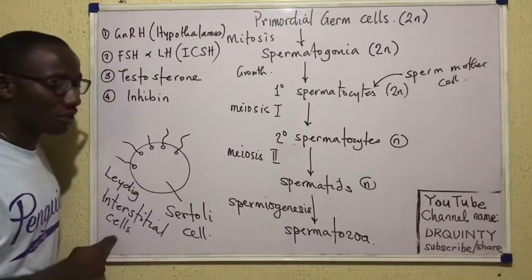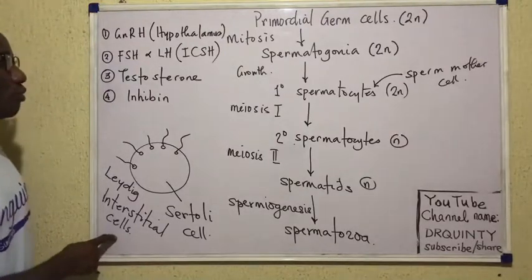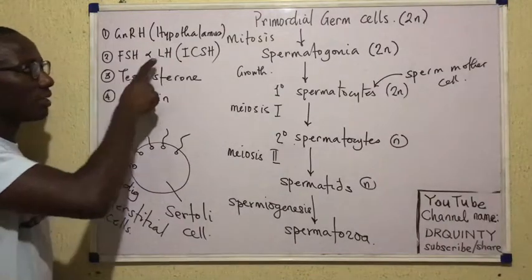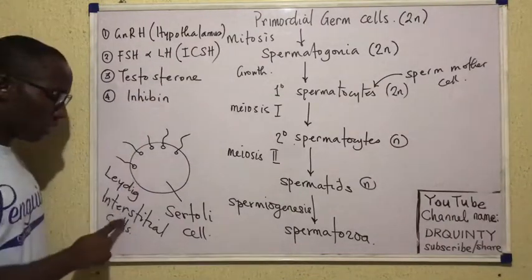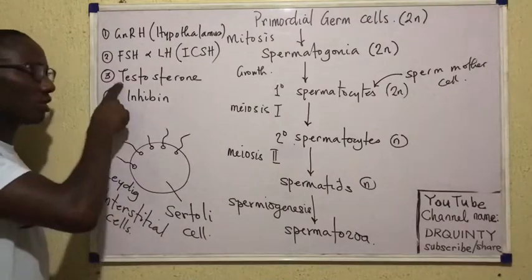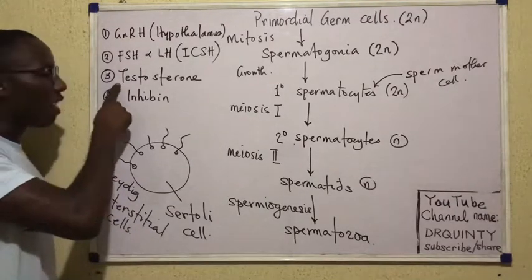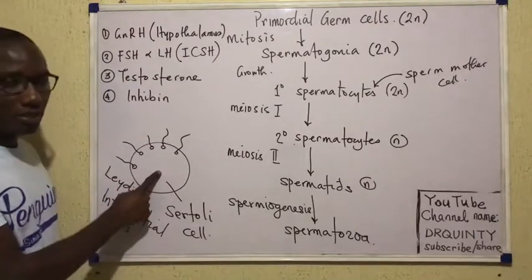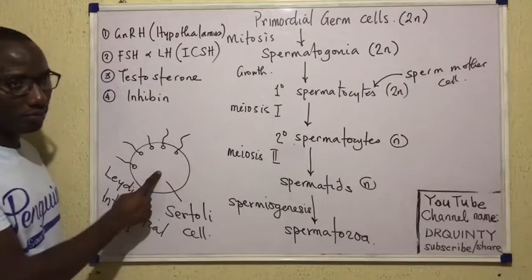So these interstitial cells, their function is to produce testosterone. So it means that when LH stimulates the interstitial cells, it is so that they produce testosterone. And then inhibin is produced by this guy, the Sertoli cell.